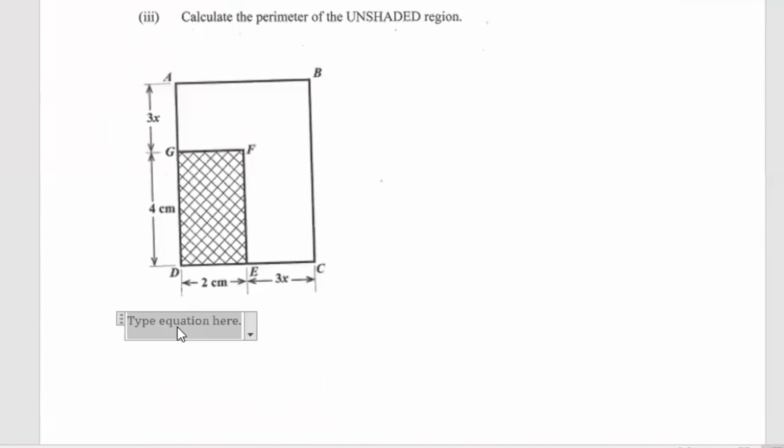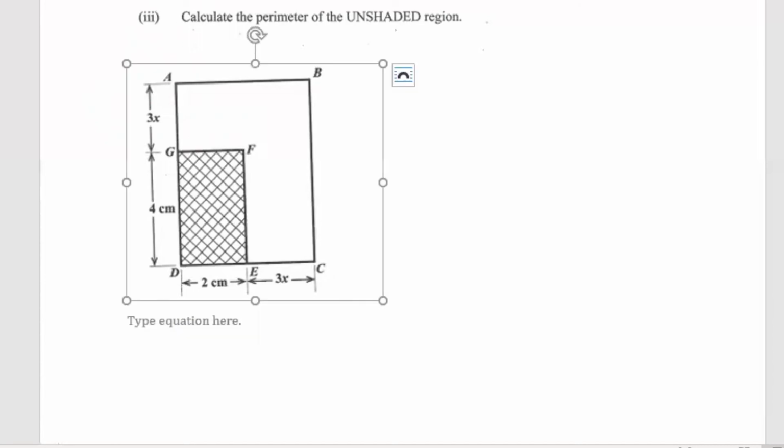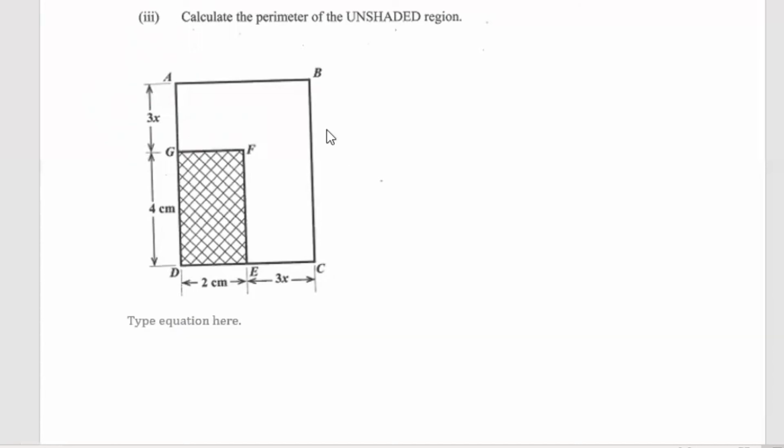Part 3 says calculate the perimeter of the unshaded region. So what we know, from looking at this side of the rectangle, is that this side is basically 3x plus 4, so the 3x right here plus 4 gives the entire length of AD, so therefore BC is 3x plus 4.